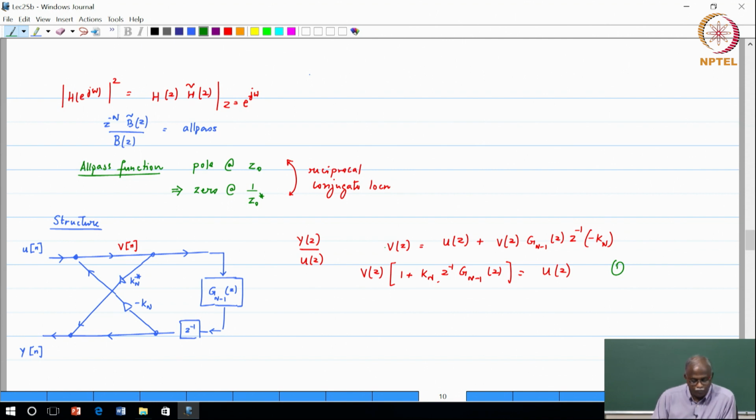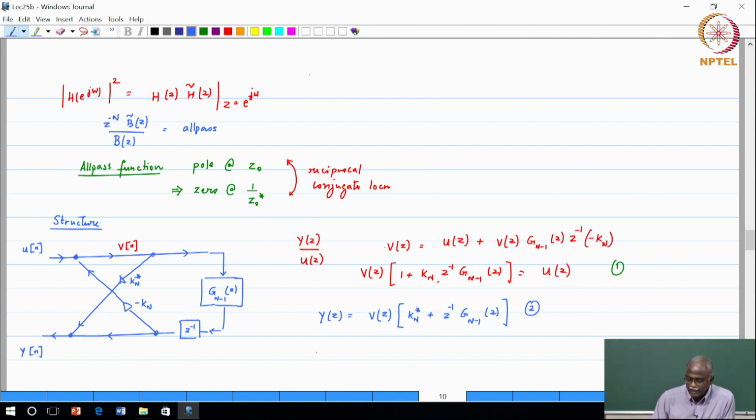Please do a similar exercise and verify equation 2, which says y of z can be written in terms of V of z as V of z into k n star plus z inverse g n minus 1 of z. So that is equation 2.